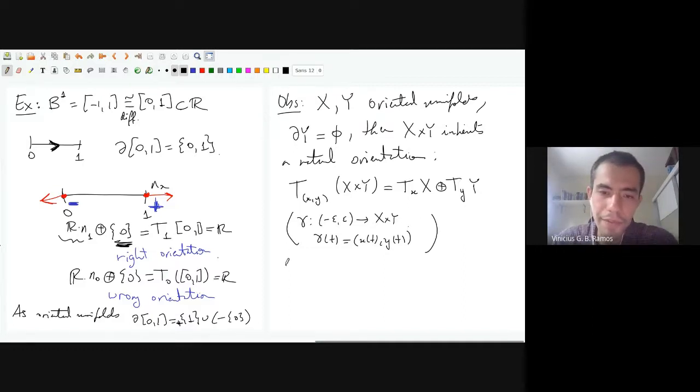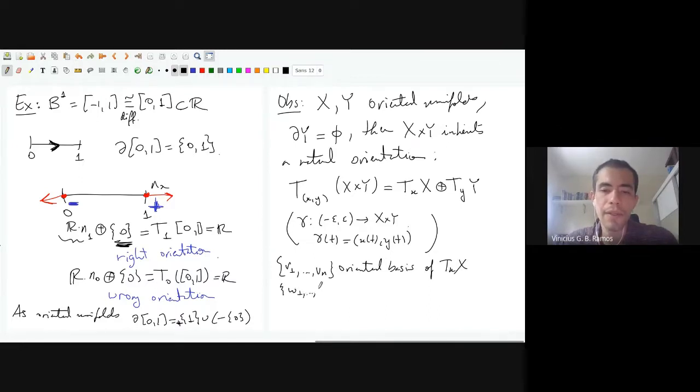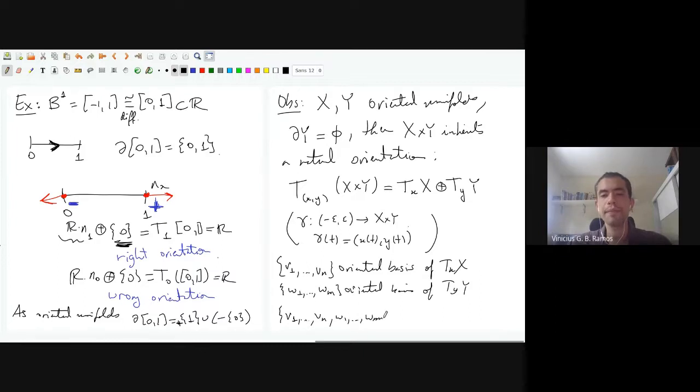So basically, if v1 through vn is an oriented basis, and when I say oriented, I mean a positive basis in the sense of the chosen orientation, of T_x X, and w1 through wm is an oriented basis of T_y Y, then you can put them together in this order: first v1 through vn, and then w1 through wm.